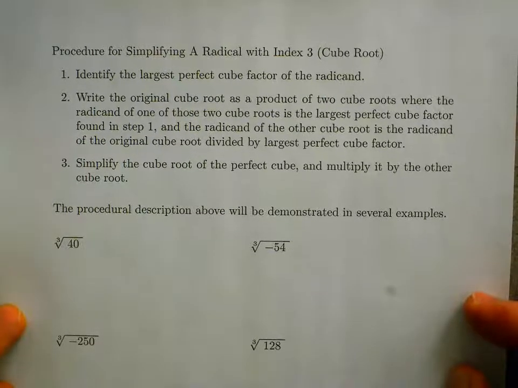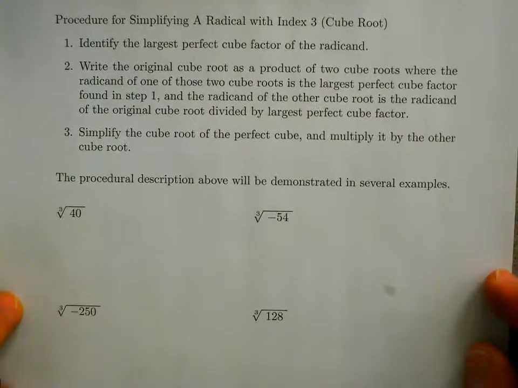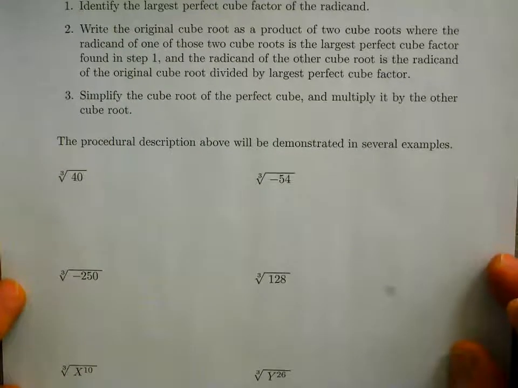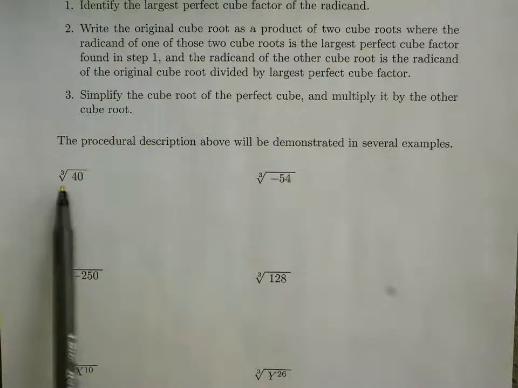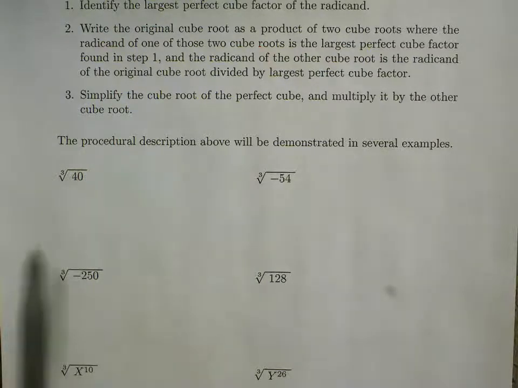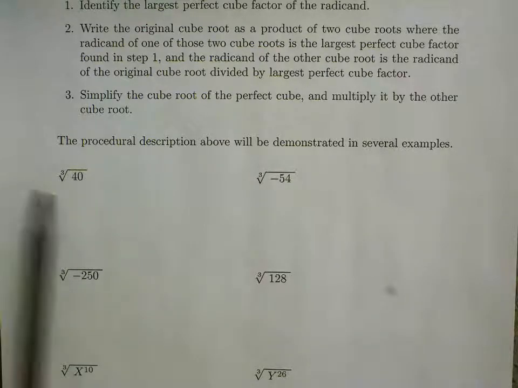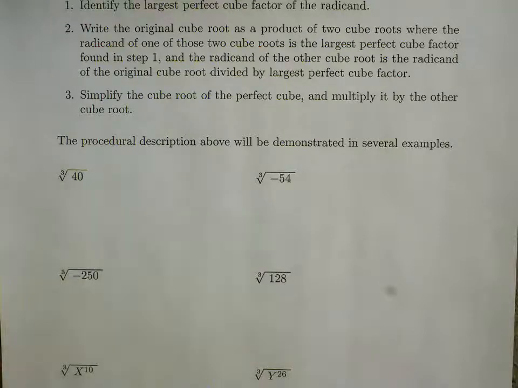Okay, so here are some examples where we simplify cube roots. Simplify the cube root of 40, or we can also say the third root of 40. So we want to find the largest factor of 40 that is a perfect third power or a perfect cube.